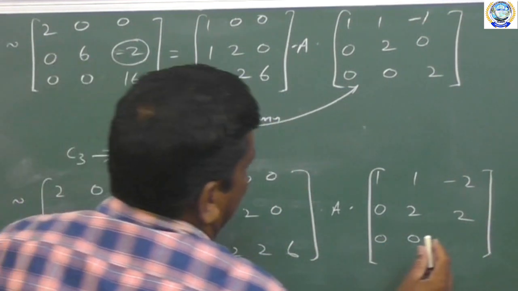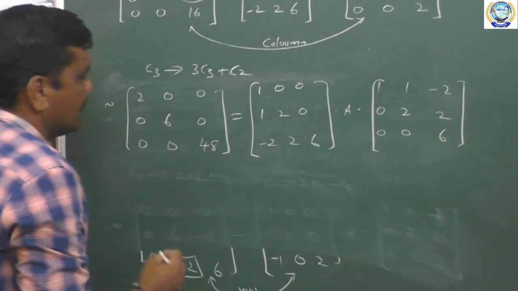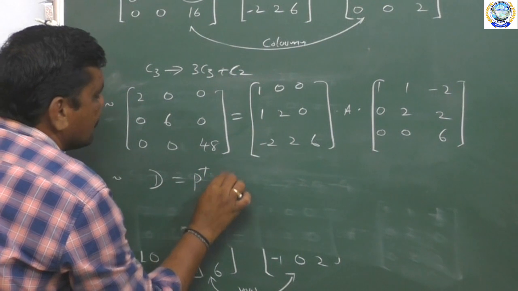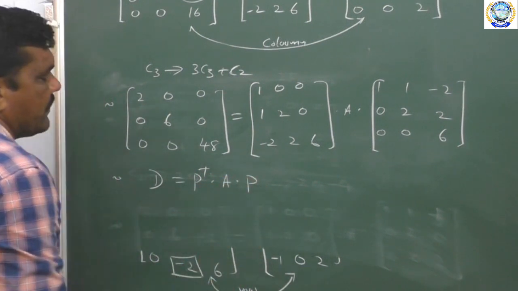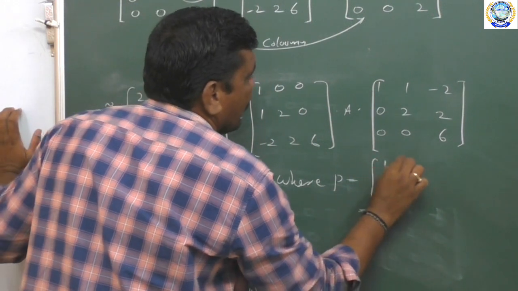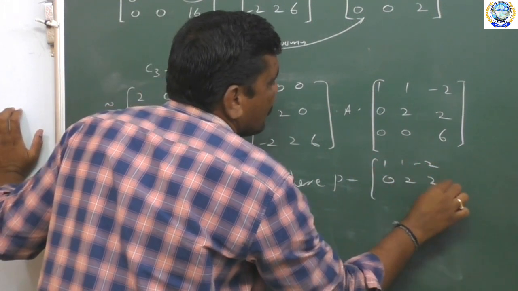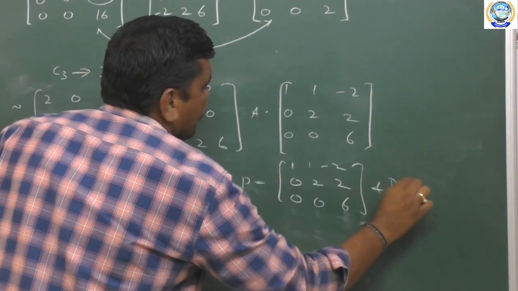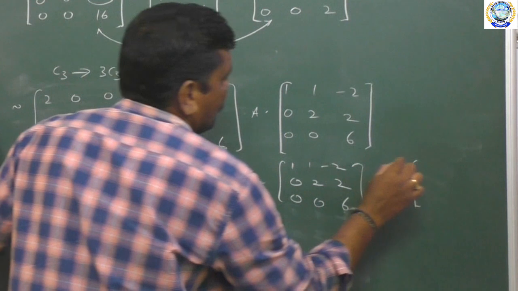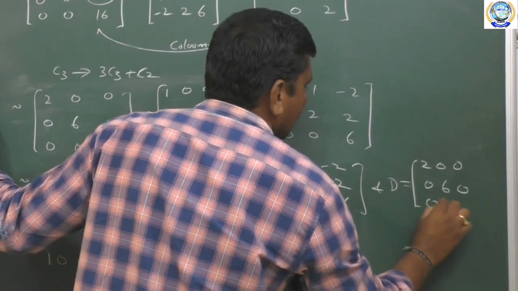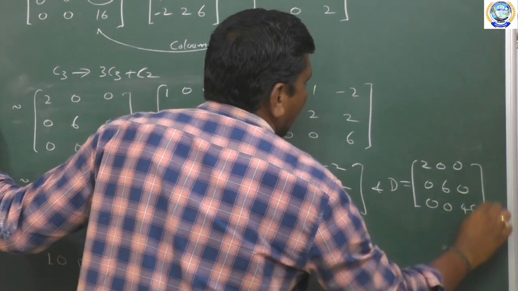Next, it is 6. So it is of the form D equals P transpose into A into P, where P is 1 1 minus 2, 0 2 2, 0 0 6 and D equals 2 0 0, 0 6 0, 0 0 48.